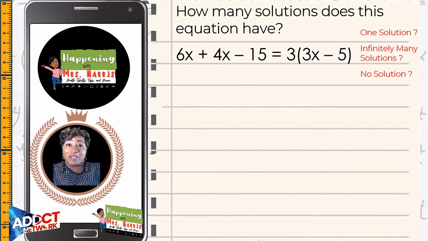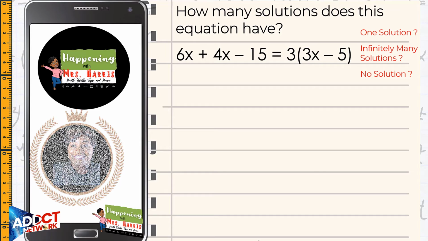Here's our next example. How many solutions does this equation have? Again, here are your options. Here's the problem. Take your time. Let's go.